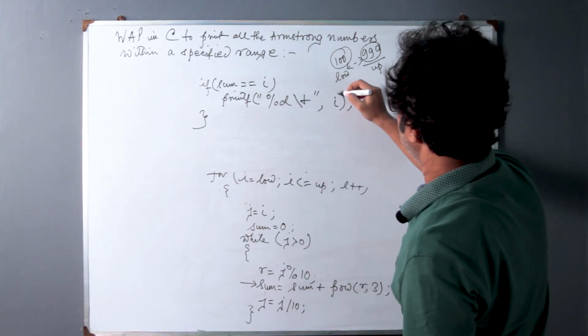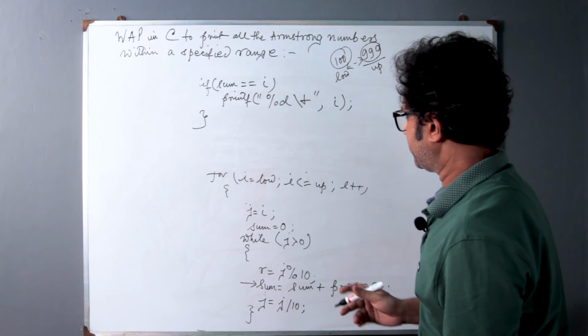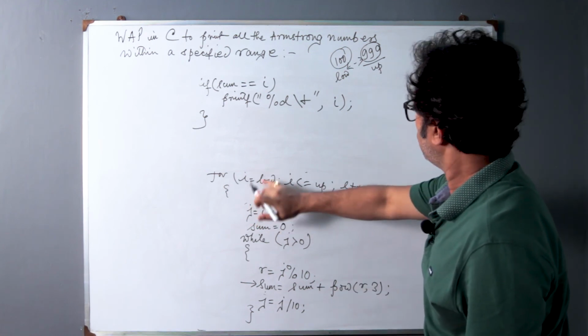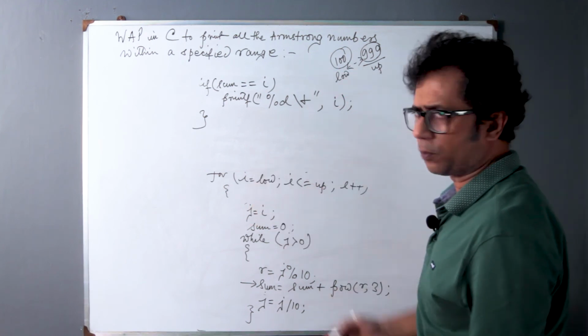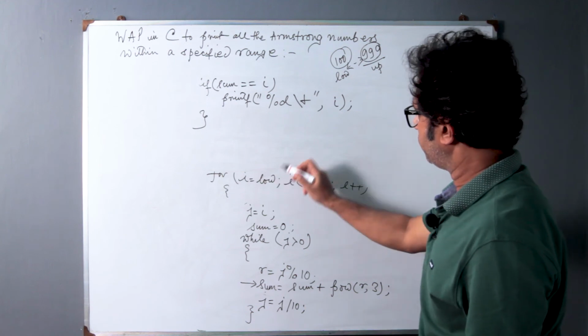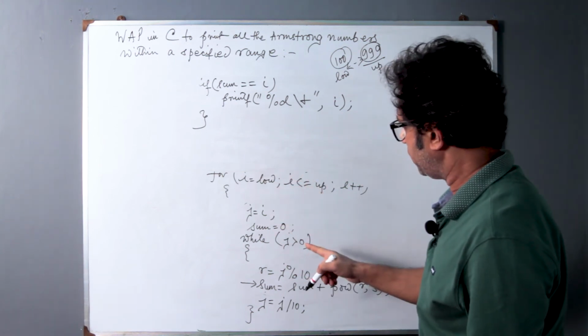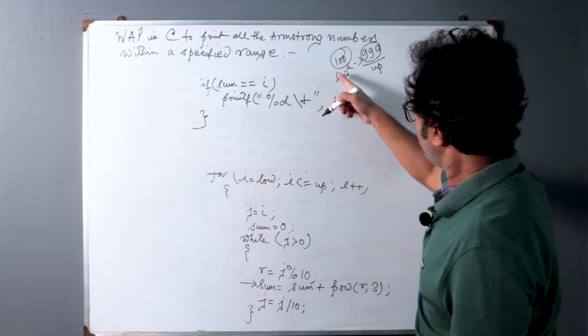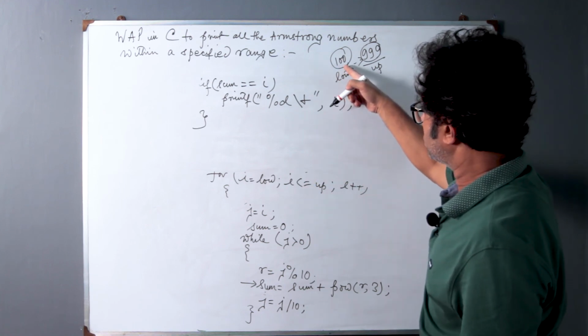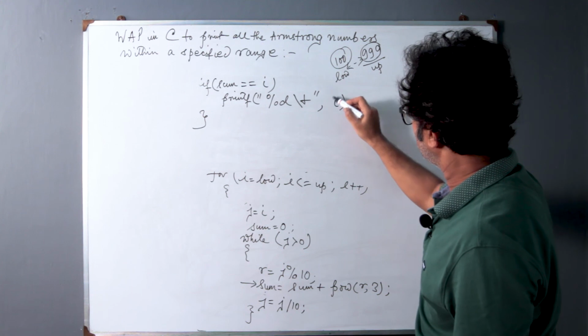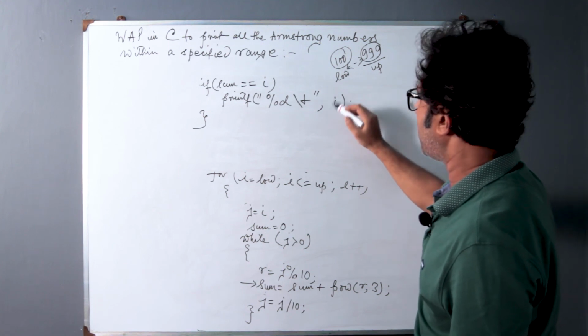Suppose the first number we will get is 153, because 100 will not be an Armstrong number, as you know. 101 will not be an Armstrong number. In this way, the program will go on, and at 153 we get the first Armstrong number, which will be printed in the form of i.